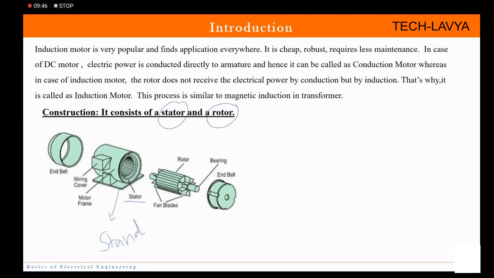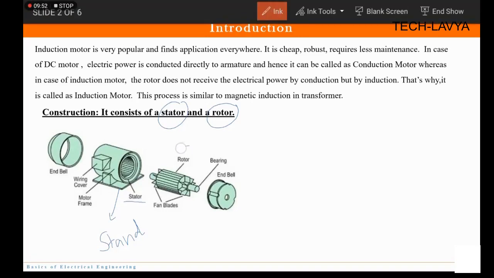Then it has a frame. Then the rotor is there. This is the rotor, and it goes inside the stator. And then you have the end bell. The end bell is just to close it, just like the lid of a container. Fine.